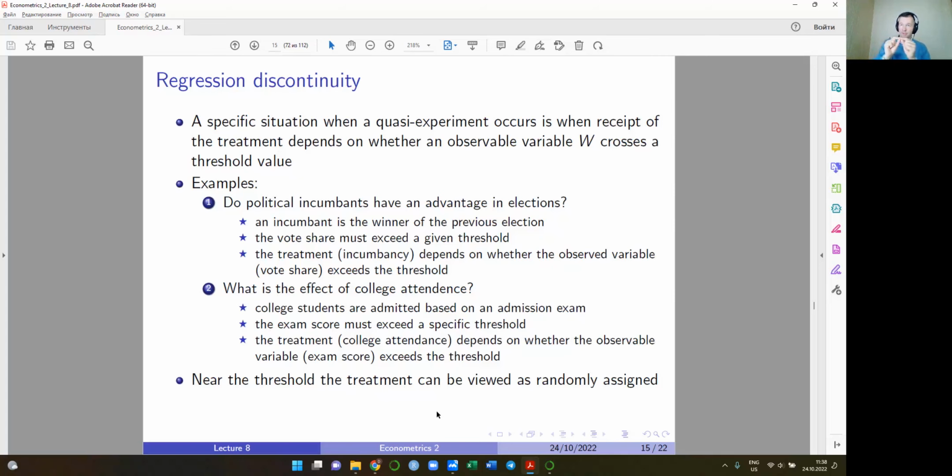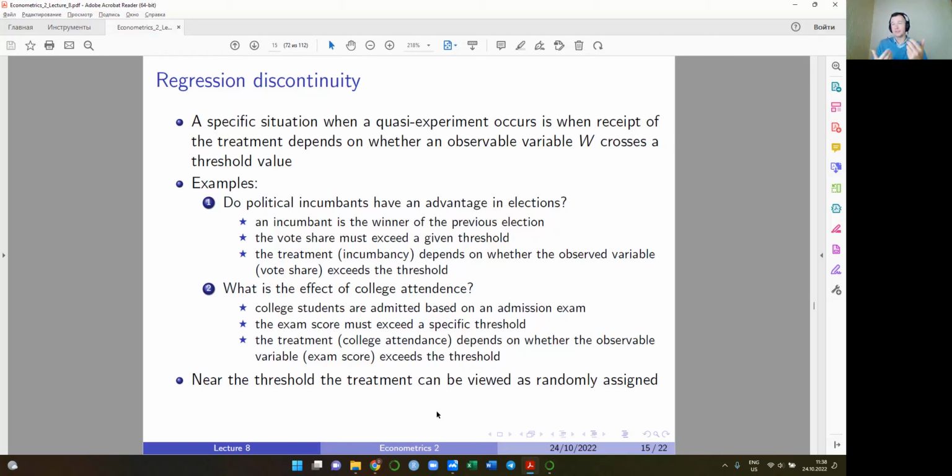But if you compare people near this threshold, like the 5 last people in the rating who are admitted and the 5 first people who are not admitted, probably the difference in their scores is going to be very small, and probably the difference between their individual characteristics is also not large.